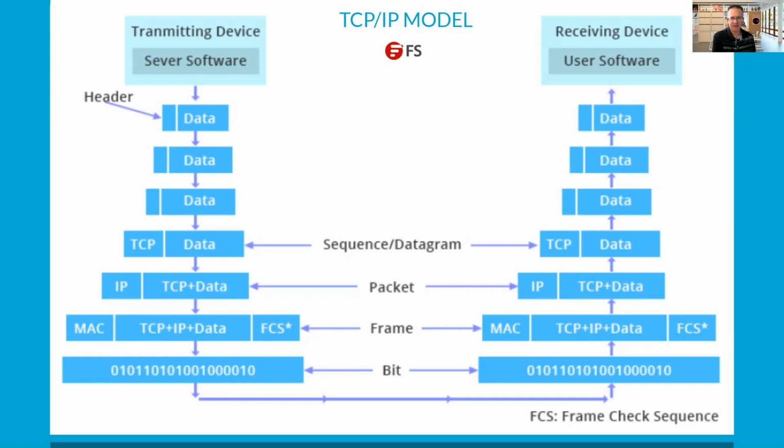The data is then transmitted over the physical layer of the network until the destination server or another device receives it. At this point, the data is passed up through the layers again, each layer performing its assigned operations until the data is used by the receiving software.